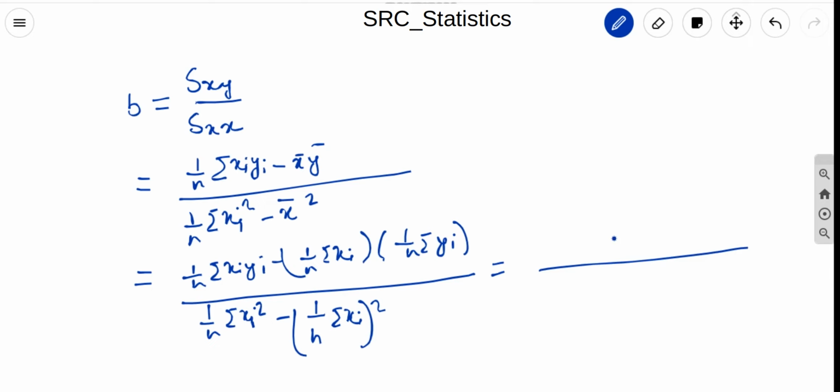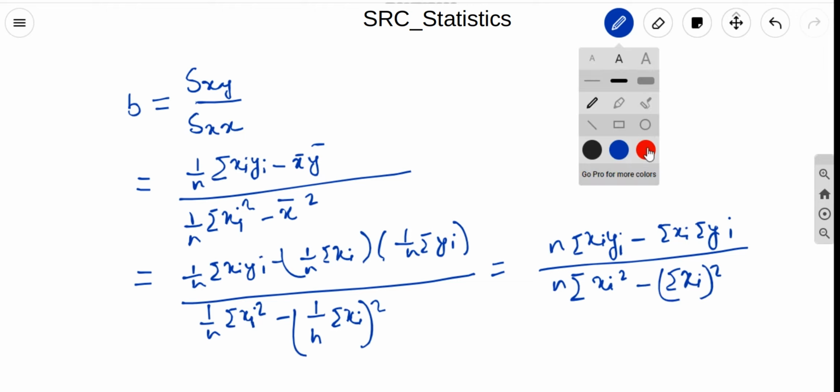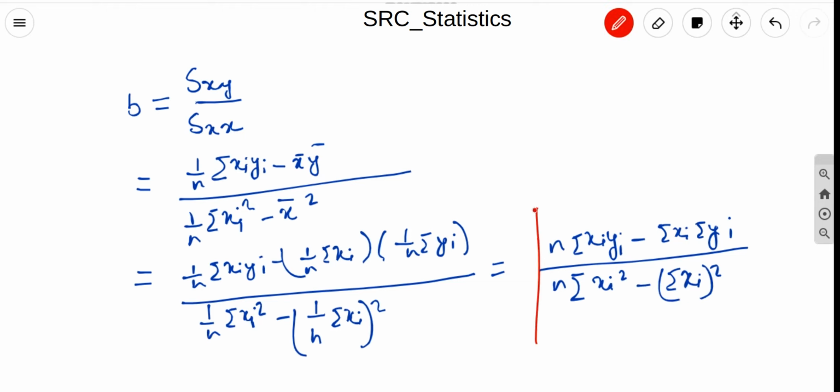Further simplifying, this gives us n into summation xi yi minus summation xi into summation yi, divided by n into summation xi square minus summation xi whole thing squared.